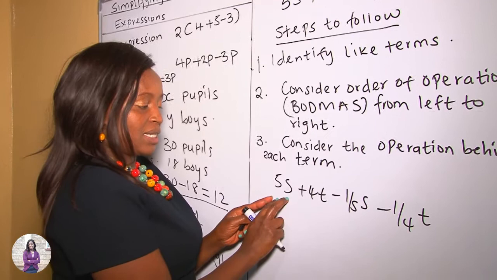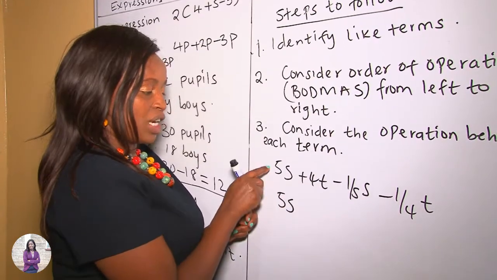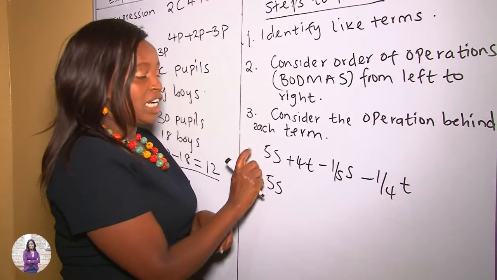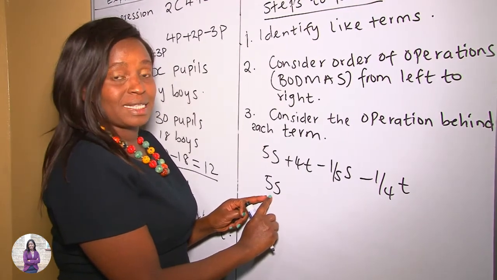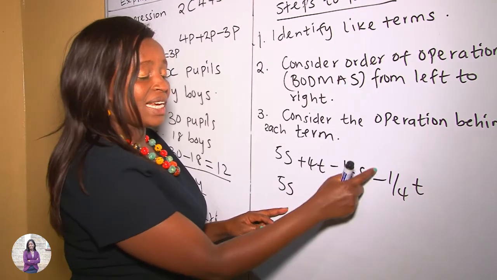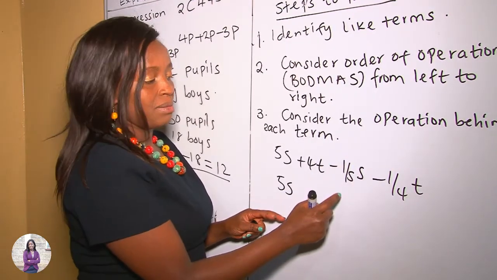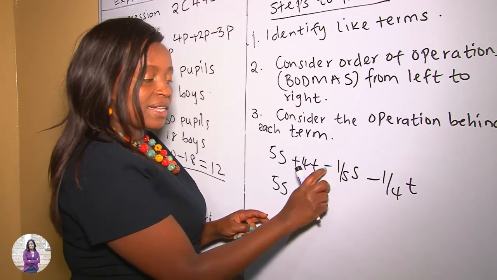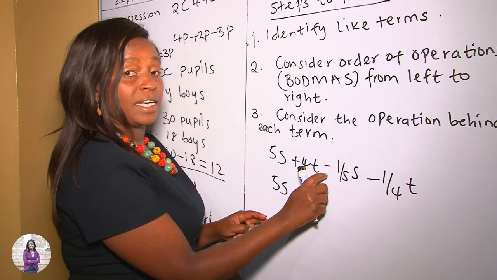We are putting like terms together, considering the sign behind each term. We begin with s. 5s, as you can see, is positive. I said if there isn't anything behind it, it means it's positive, meaning plus or addition. The other like term is a fifth s, and the sign behind it is taking away.